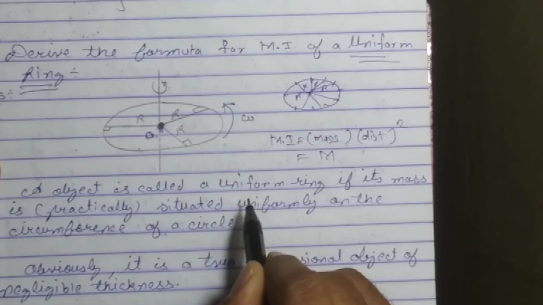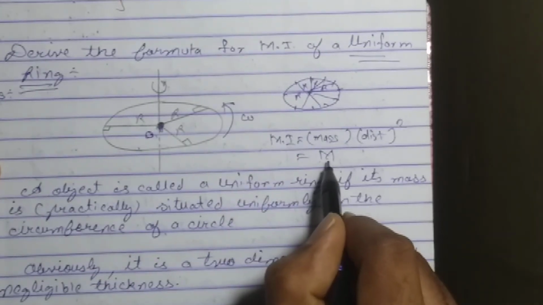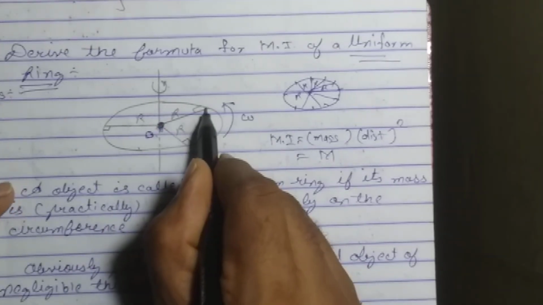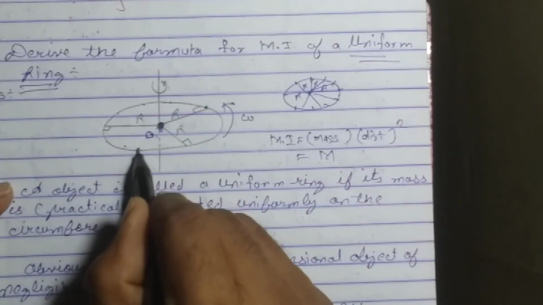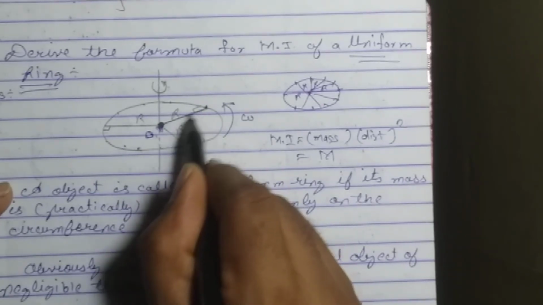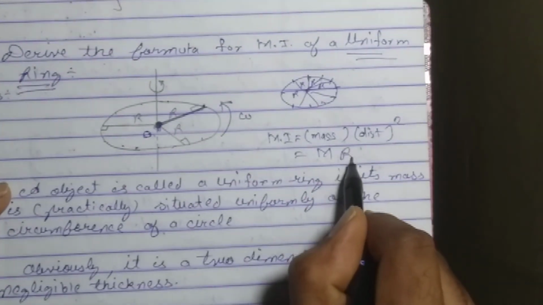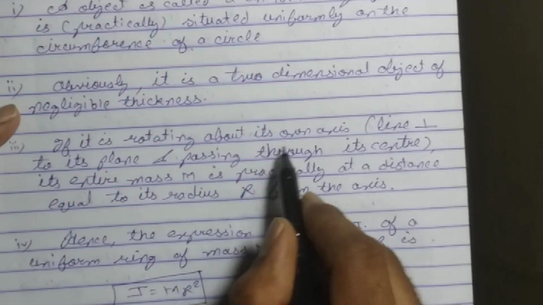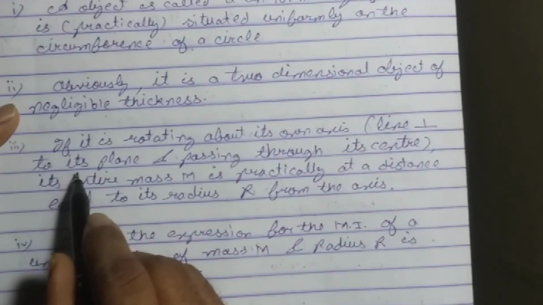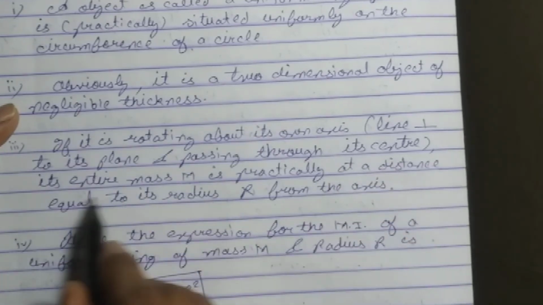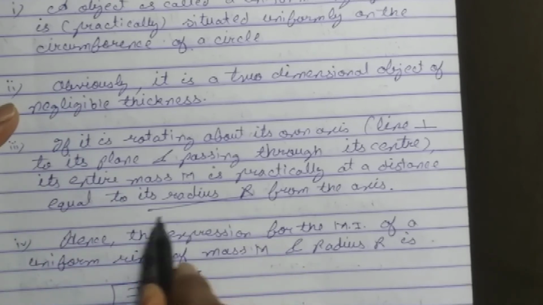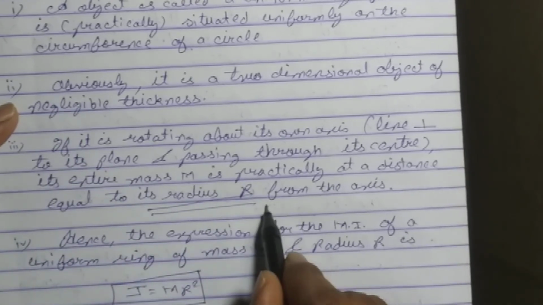Let us say the mass of the ring is M. And we know that the distance of that particular particle from the axis of rotation is R. So the distance is R square. So students, what is the moment of inertia? We can see here, if it is rotating about its own axis, that is a line perpendicular to its plane and passing through its center, its entire mass is practically at a distance equal to its radius R from the axis.